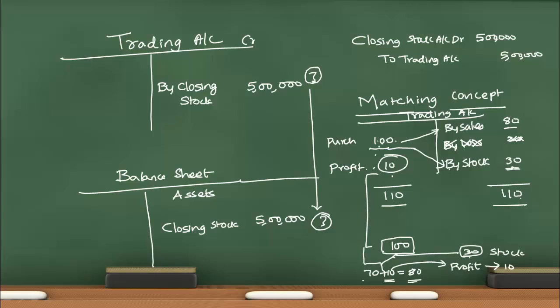But the next question is, why is it shown on the balance sheet? Yes, we can understand the logic that it is reducing the expenses, so instead of subtracting we have shown it on the credit side of P&L. But what is the logic in showing it on the asset side as closing stock?